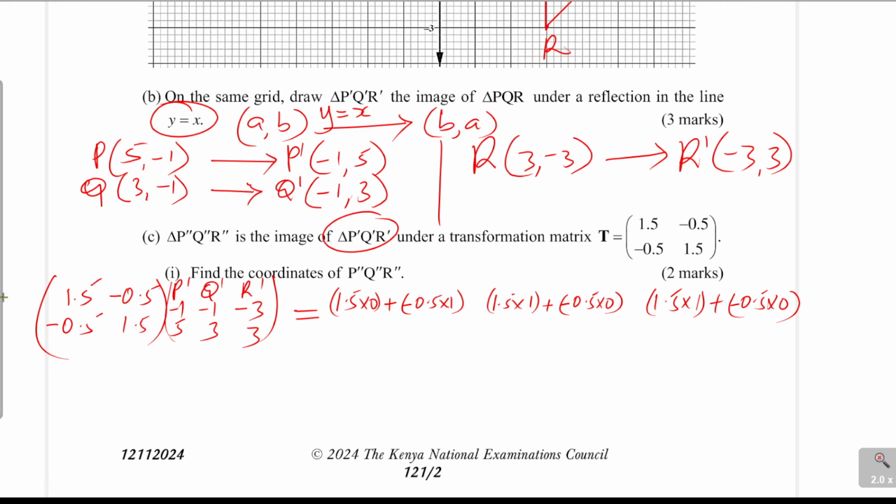Now we can go to the second row. The second row, first column. This one we have negative 0.5 times 0 plus 1.5 times 1, and then for the second column, negative 0.5 times 1 plus 1.5 times 0.